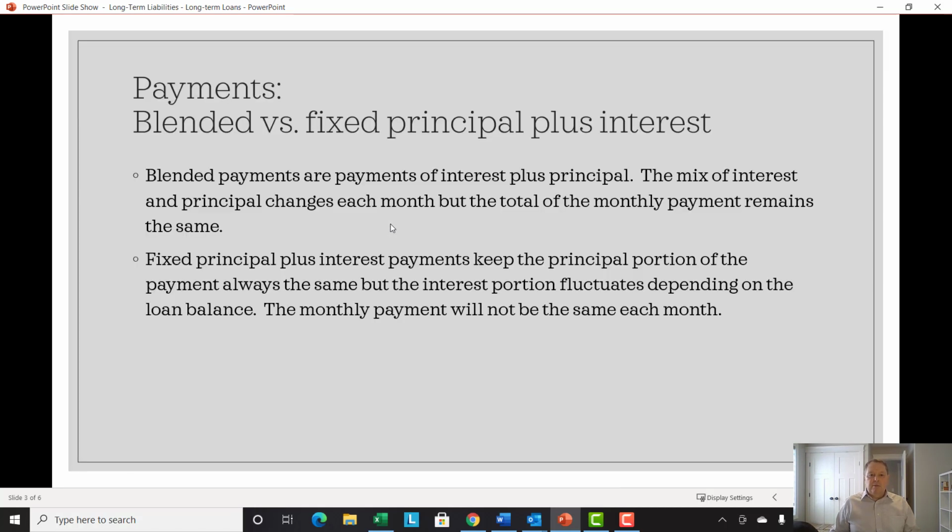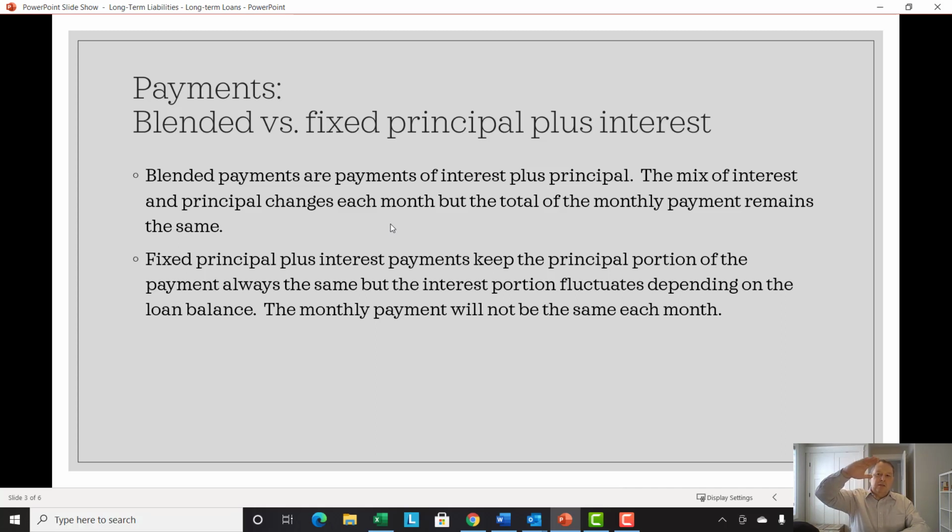All right, payments, blended versus fixed principal. Well, blended payments are payments of interest plus principal. So on any loan, when you make payments, you'll pay principal and interest. The mix of interest and principal changes each month when we have blended payments, but the total amount of the payments remains the same.